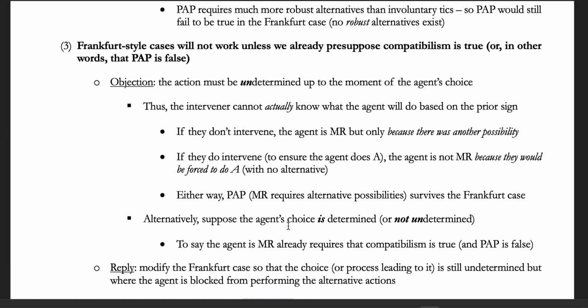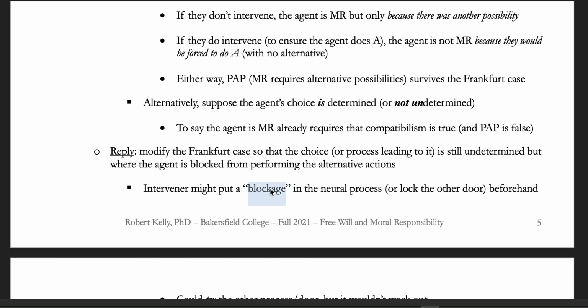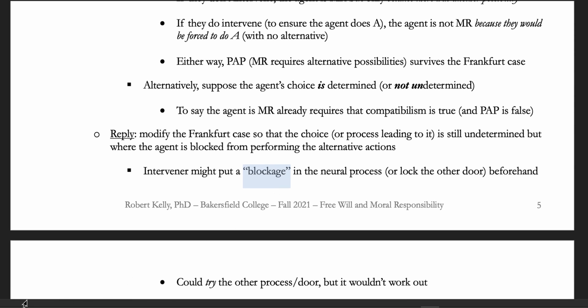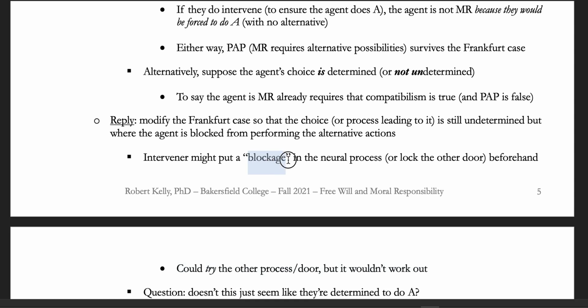So the main difference is the blockage means the intervention has already happened. It's not a counterfactual intervening case. It's a counterfactual blocking case. So the alternative action would be blocked, right? If they tried that, but the intervention has already happened.